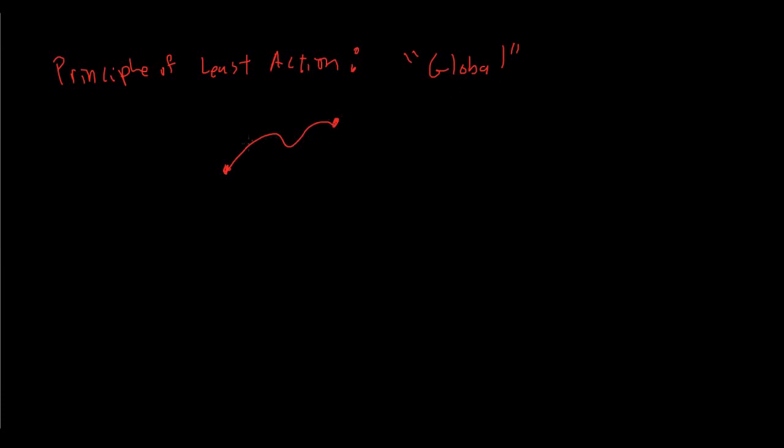We're considering the whole path at once. So it's like a global property of the path. And by global, I mean the whole path. Whereas F equals ma is more of an infinitesimal, is that how you spell it?